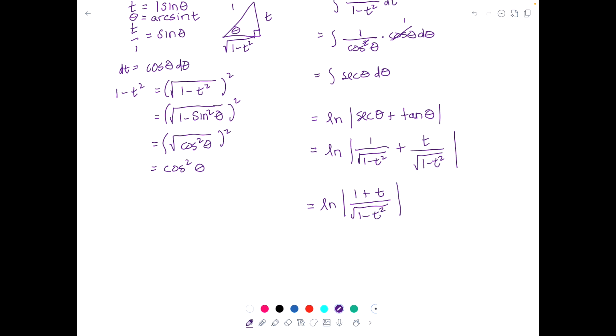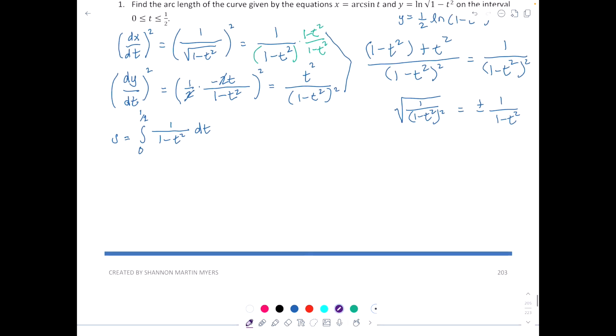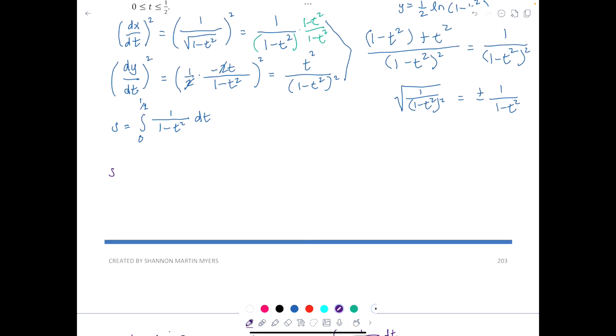Groovy? Okay, so now we will bring this back over here. So s will equal the natural log absolute 1 plus t over the square root of 1 minus t squared, and that's evaluated from t is 0 to t is 1/2. And so we will have s equals natural log.